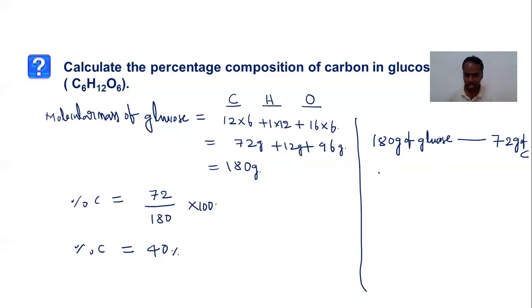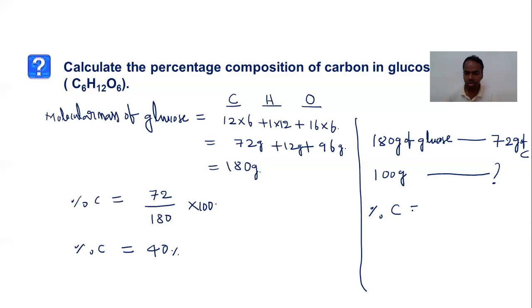Percentage means we need to find the weight of the element present per 100 grams of the compound. If you take 100 grams of this glucose, how many grams of carbon does it contain? This weight of carbon indicates the percentage of carbon. Now take the percentage carbon here.